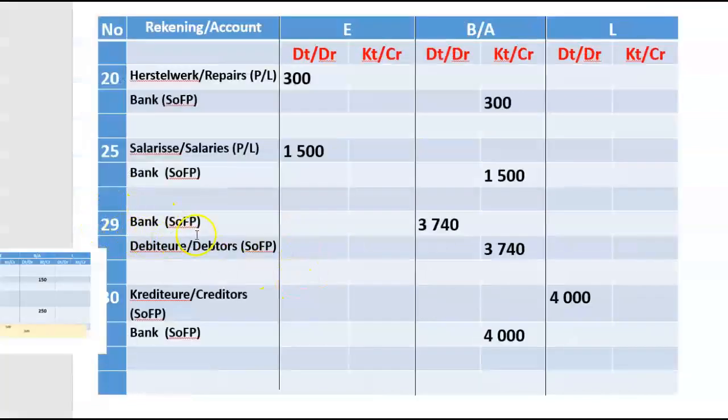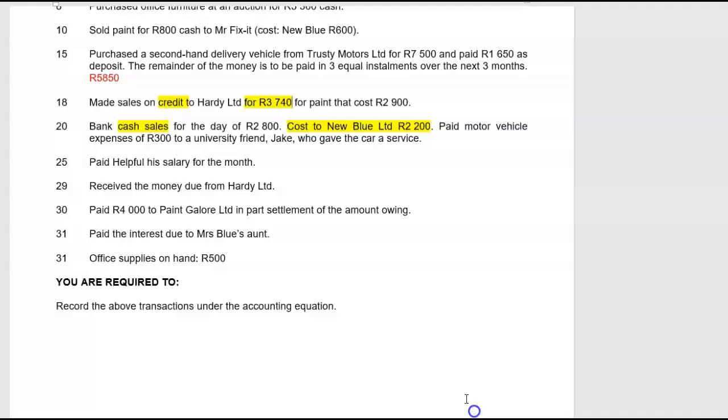So therefore, bank, we received the money, is going to increase the debit against assets with 3,740 Rand. And another asset account called debtors, statement of financial position, is going to be credited, is going to decrease our assets with 3,740 Rand. So our one asset account bank increased and our debtors account asset has decreased.